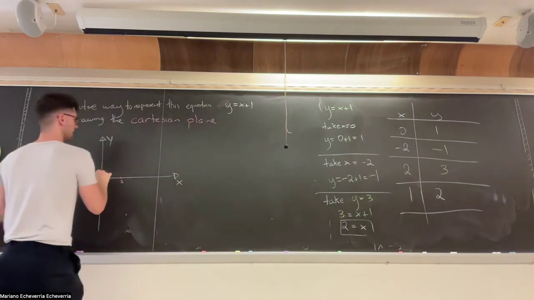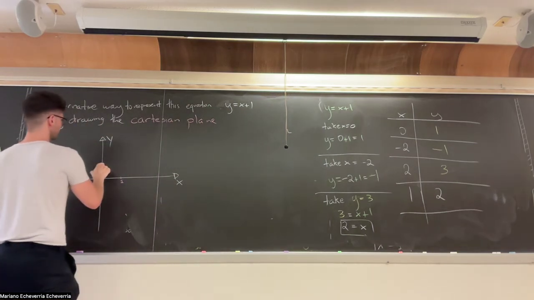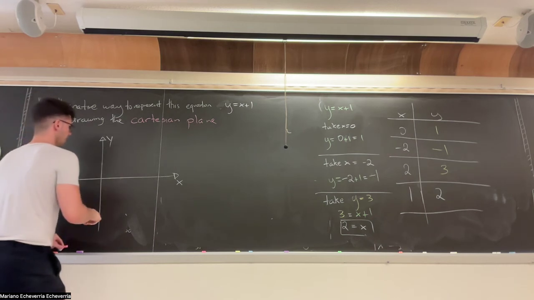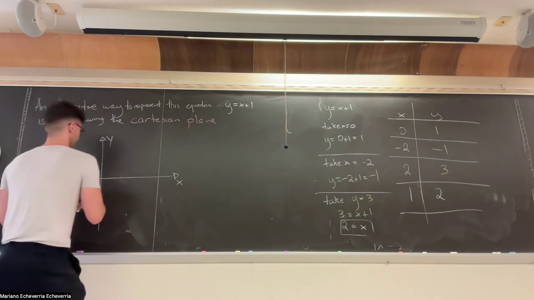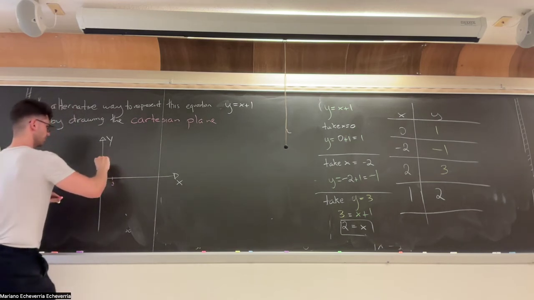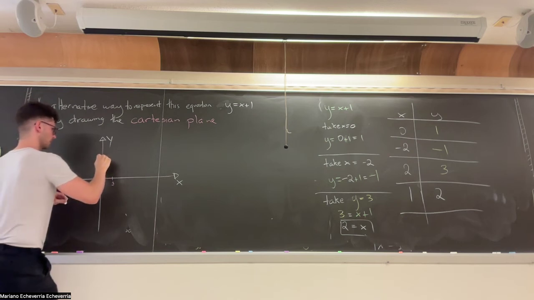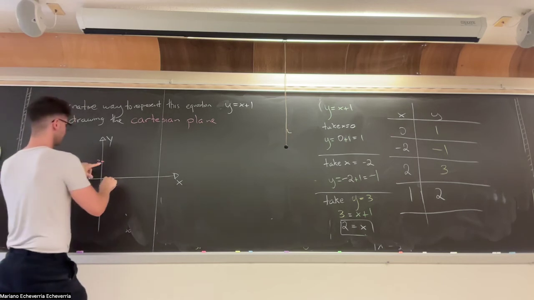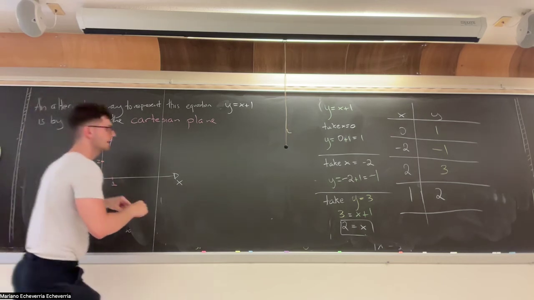Let me try to be a bit more careful and make them up to scale. Here, 1 and then 2. So this number 1 for x corresponds to this number 2 for y.